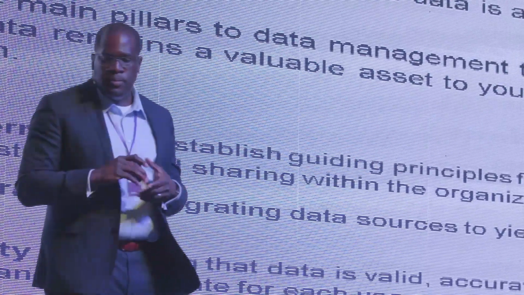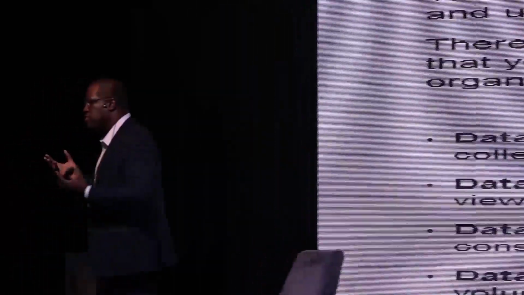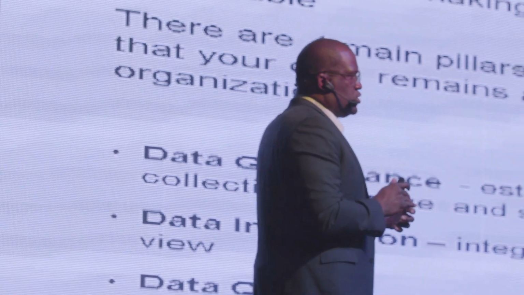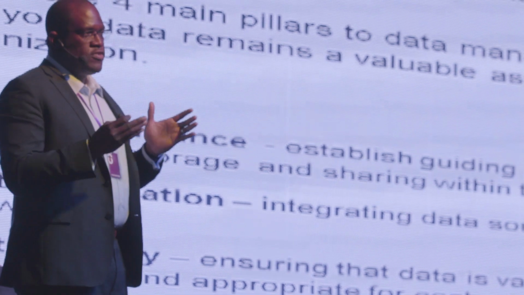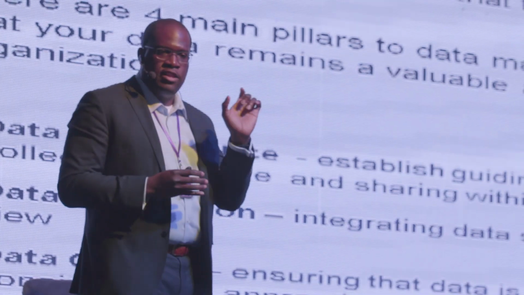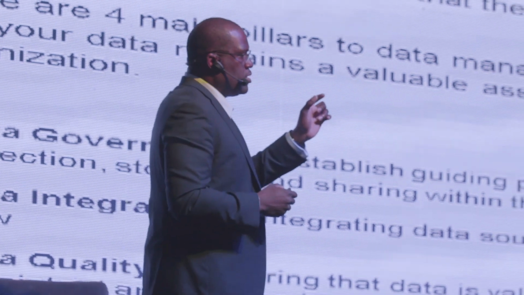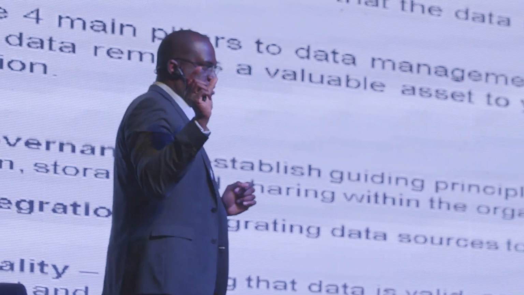I'll give you a really good example. In the hotel industry, we have this concept called RevPAR. Those of you that are in hotels, you probably know it. It's the revenue per average rate of room. And what you do is you take your average daily rate of the room. So if the room costs on average about $50 a night, you take that number and you multiply it by the occupancy rate.